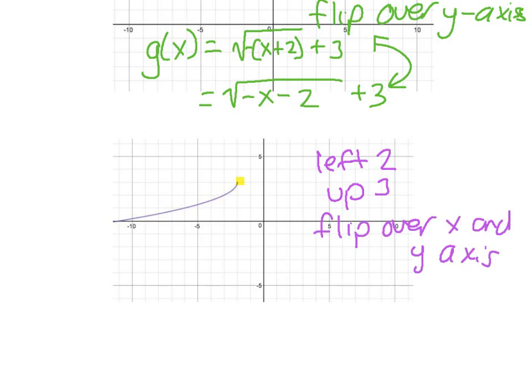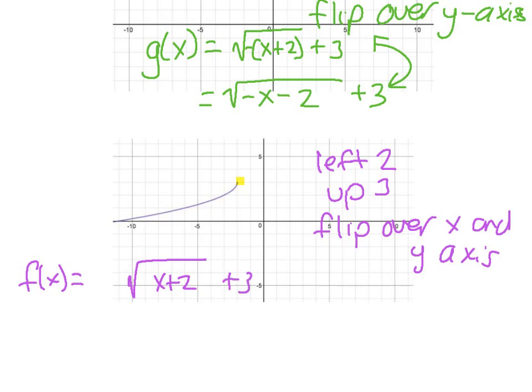So let's focus on writing the function. So I'm going to start out, I'm just going to call this one f of x. I'm going to make a square root since I know that it's a square root. Now to show that it's left 2, I'm going to put x plus 2. To show that it's up 3, on the outside of the square root, I'm going to put up 3.